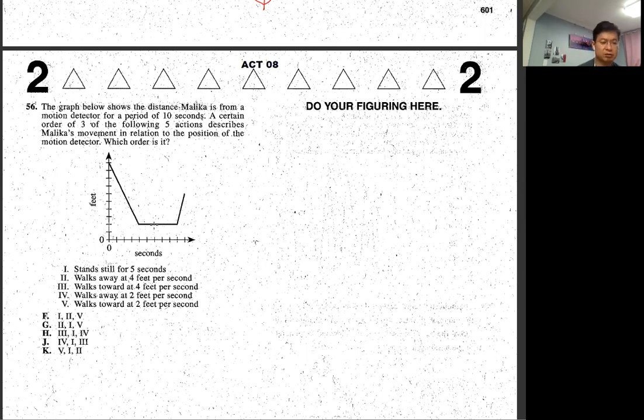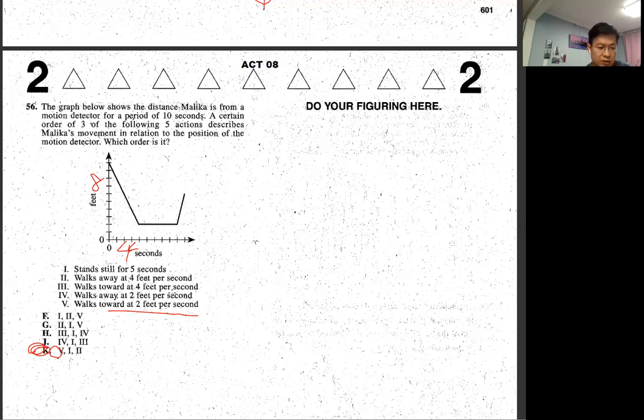So feet is going down. So walk toward, right? So 1, 2, 3, 4. This is 4. And 1, 2, 3, 4, 5, 6, 7, 8. So it's 8. Minus 8 over 4 minus 2. Coming toward, minus 2. This one. So B is the one.